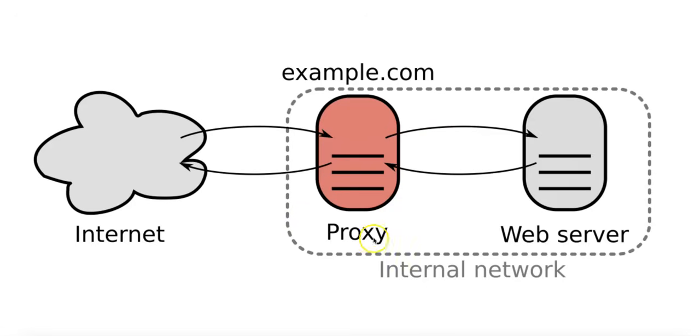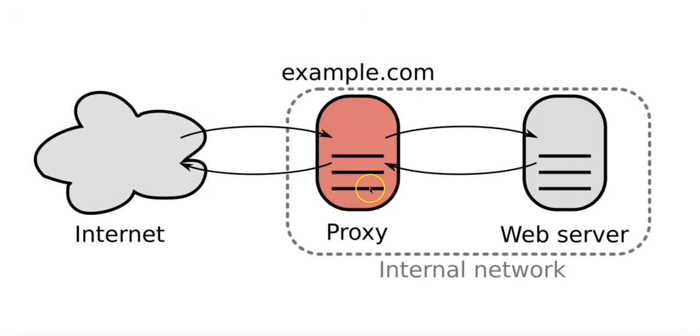So let's look at this example scenario. We have a client on the internet, so this cloud on the left, and it makes a request to a reverse proxy server, which is this red oval in the middle, and the proxy inspects the request, determines that it's valid, and that it does not have the requested resource in its own cache.